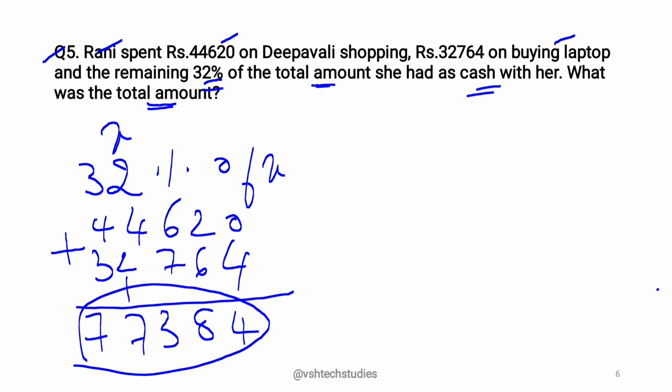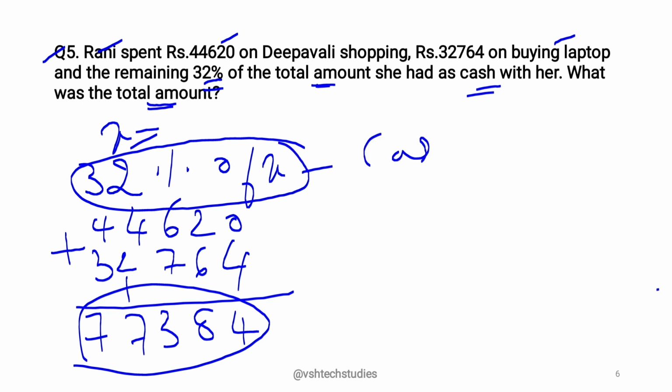So remaining is 32% of total amount. Means 100% X she had. So this is 100%. Out of 100%, 32% of X is remaining as cash.